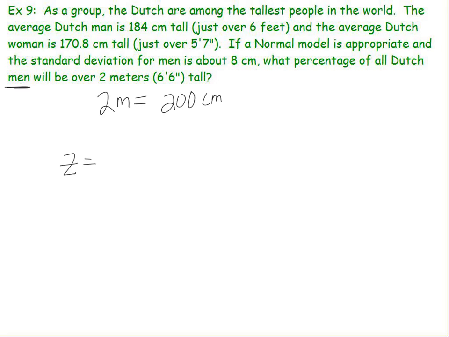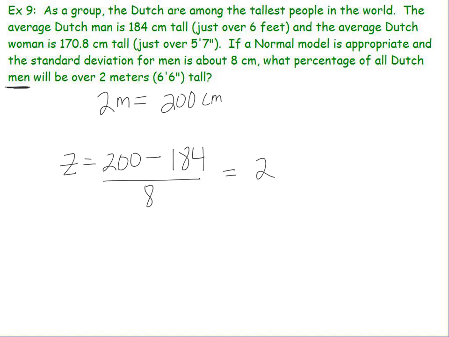So the value we want to convert is 200 minus the male average, 184, divided by the male standard deviation, 8. So 200 minus 184, divided by 8 is 2.